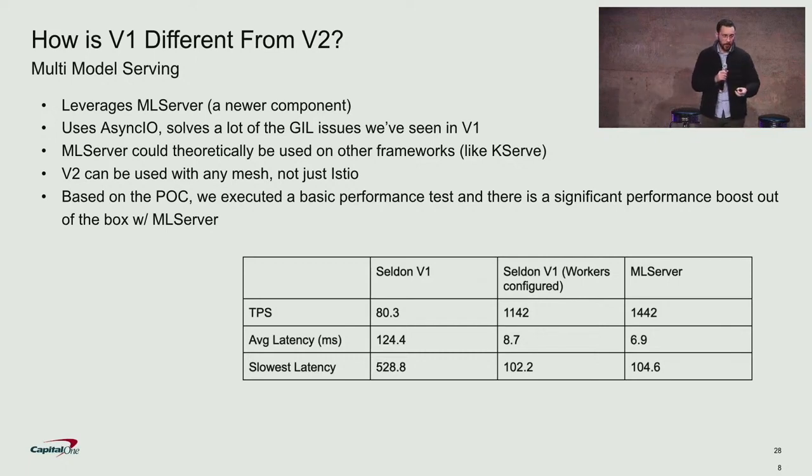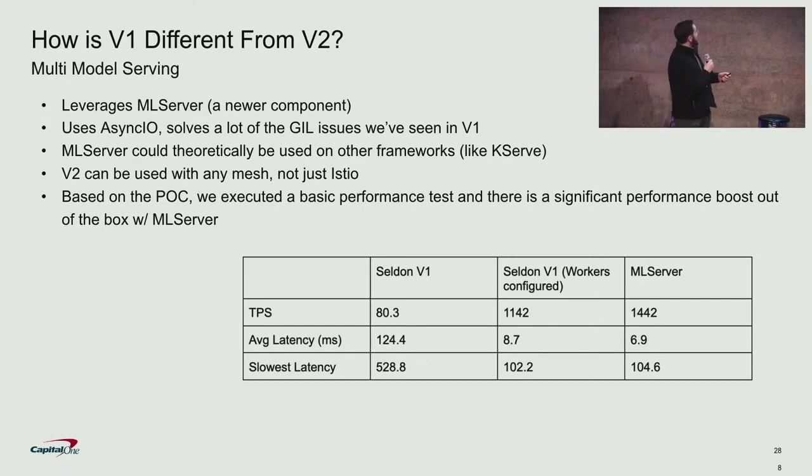So the global interpreter lock, I don't know how many of you are familiar with it, but in very succinct terms, it basically means you can only have one thread inside a Python process running at a time, which has a vast impact on low latency model inference times. So this new version uses async IO, which does help mitigate that. I think the last person was from Meta. I think they dedicated a couple engineers' time to try and remove the GIL from Python, so that's cool.